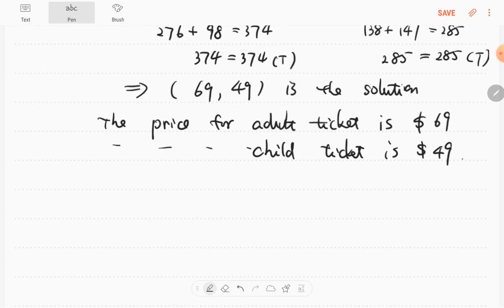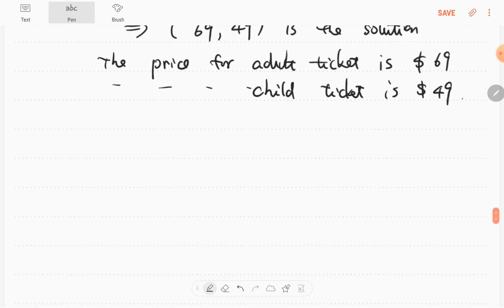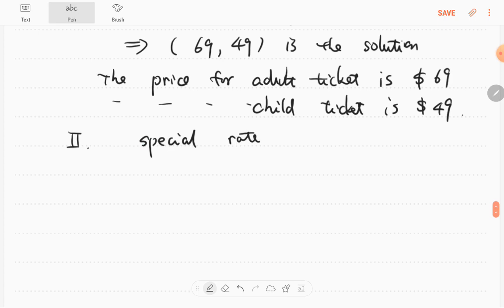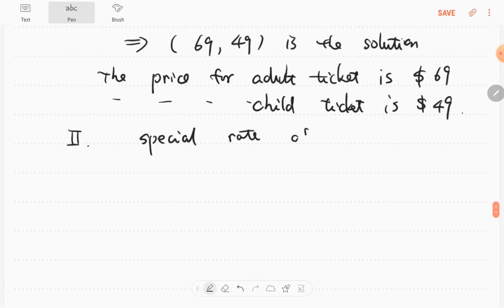But this time we have another part of the question. So if we have a special rate, the second part of the question, maybe if we have the special rate of $1,000 for a group of 20 persons.